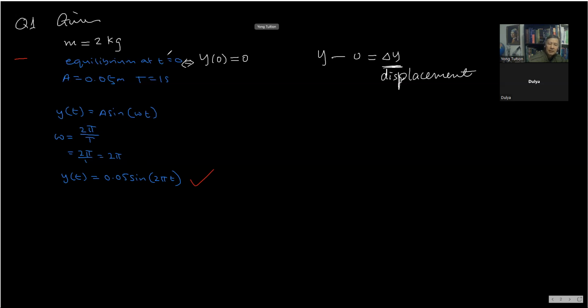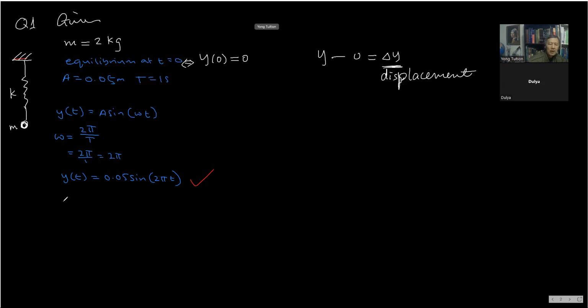Let's draw a diagram here. You can consider this is a spring with elastic constant k, sometimes called elastic constant, sometimes called a stiffness constant, with a mass m at the bottom. Can you see?